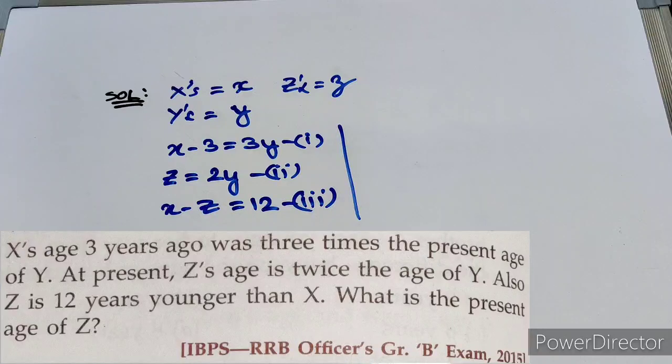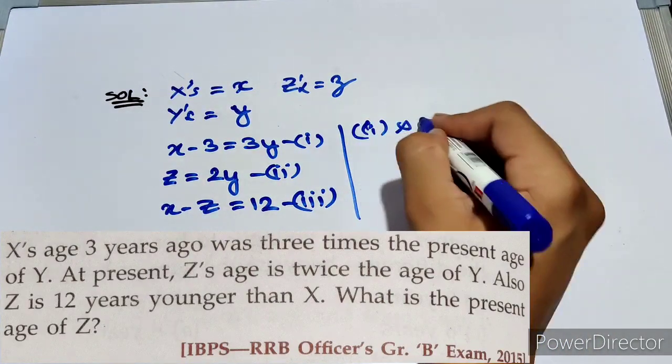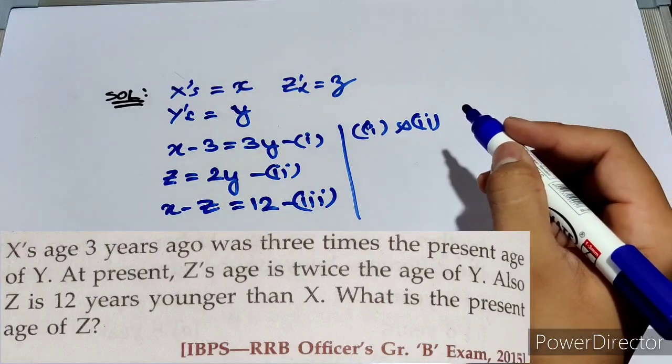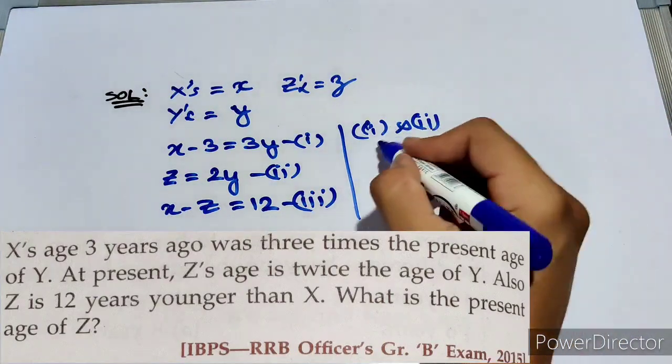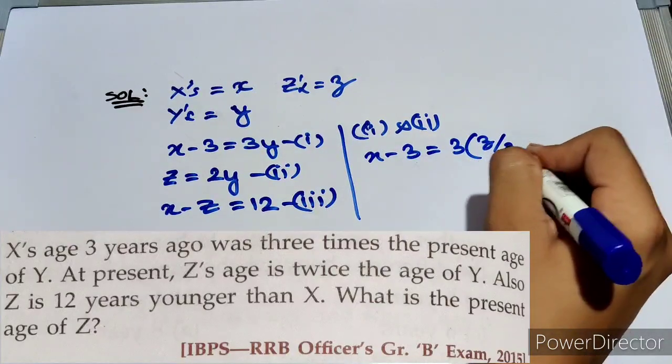Now we need z, so we need to eliminate one of the variables from x and y. From equation 1 and 2, putting y equals to z by 2, we get x minus 3 is equals to 3 times z by 2.